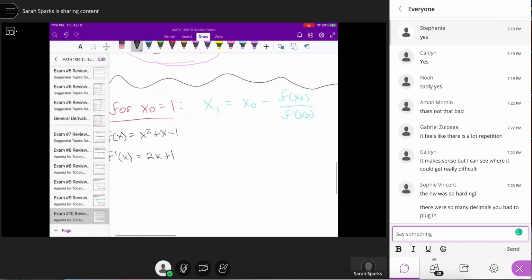Alright, so plugging those in, we get x1 is going to equal 1 minus 1 squared plus 1 minus 1, so that's where that f of x came in, divided by 2 times 1 plus 1, and that's where that f prime of x is.